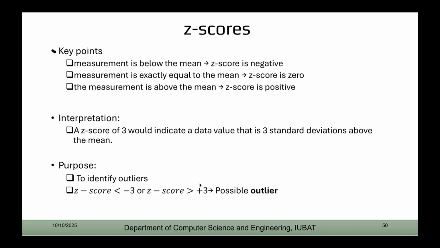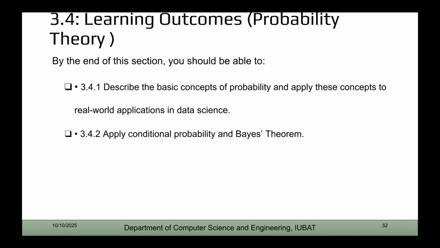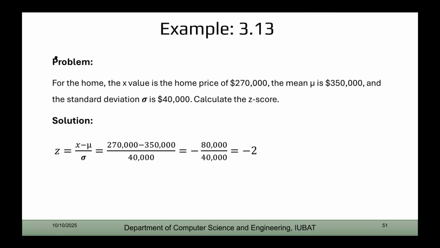Here we define some threshold numbers like 2 or 3, and values with a Z score less than the negative threshold are outliers, and values greater than the positive threshold are also outliers. So let's try to solve this. Here we showed only finding the Z score.